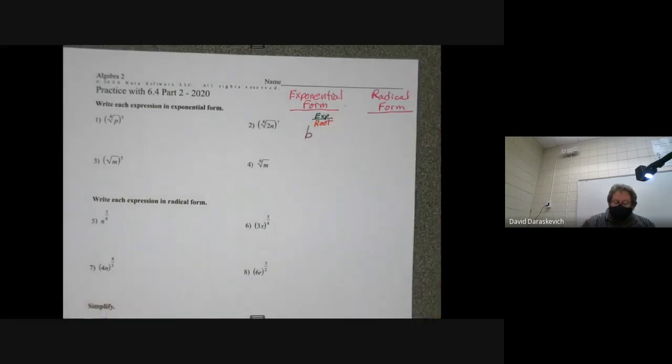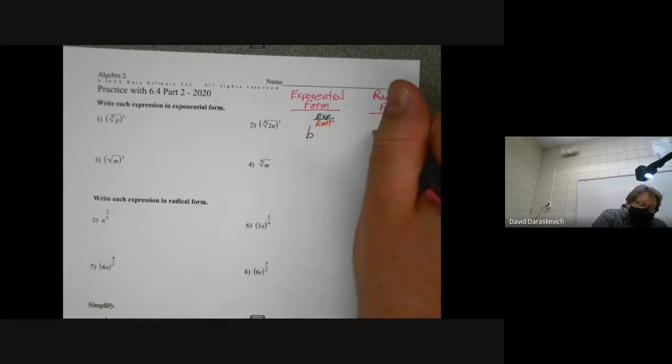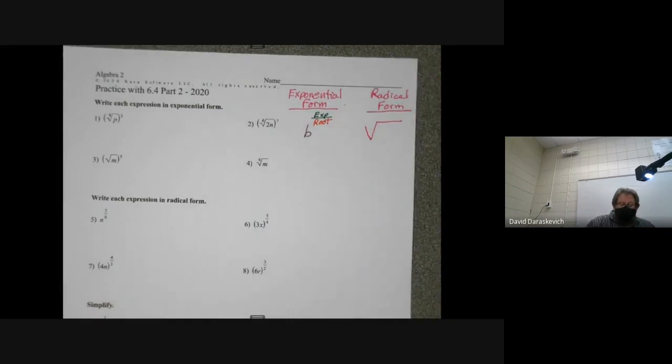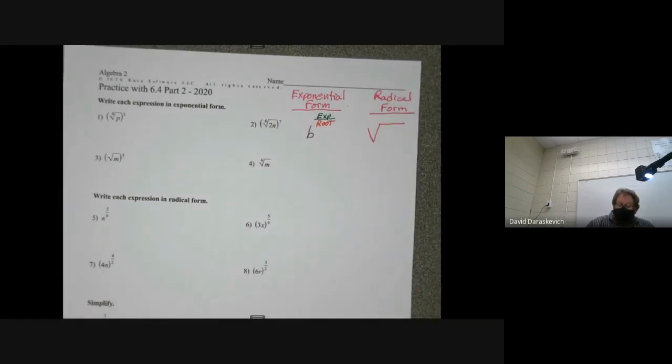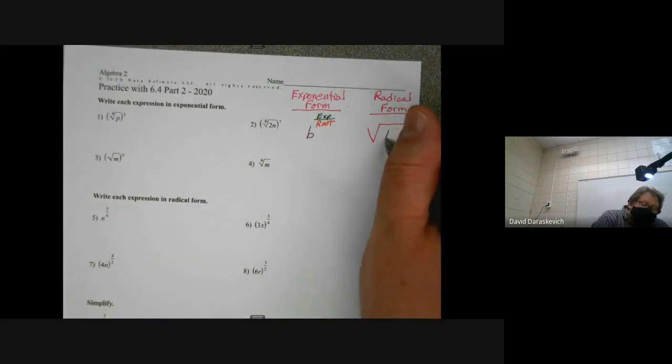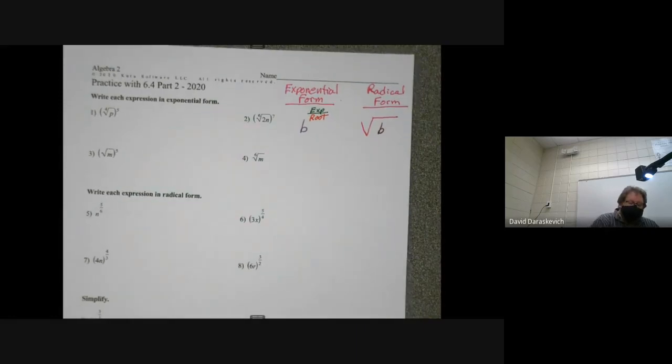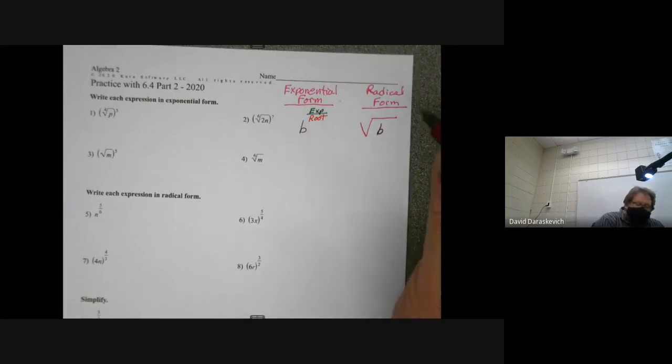Okay, radical form. Well, I'm going to have that radical because that's obviously what that means. So there's my radical for radical form. Now, my base goes underneath the radical. My exponent, now this is what is kind of sucky.